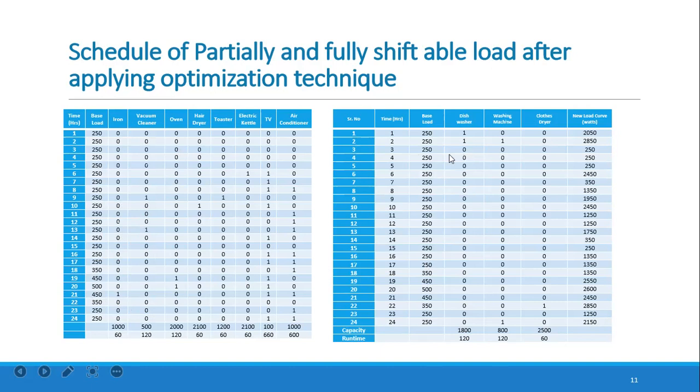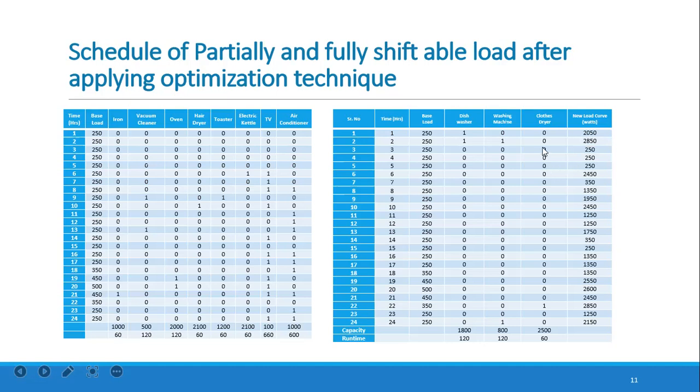Similarly, in fully shiftable loads, we have reduced the number of loads that are being switched to the different hours of the day. So we can reduce the maximum point at every hour. As you can see in the last one, which was given by our customer, we had 5,350 or 70 something watts at the first hour of the day.